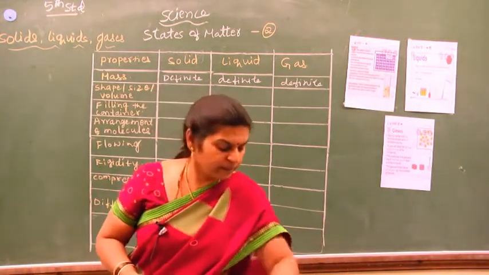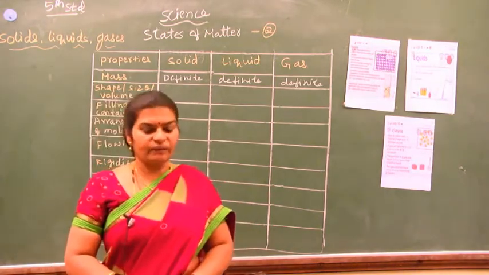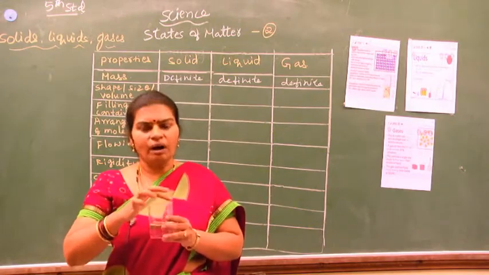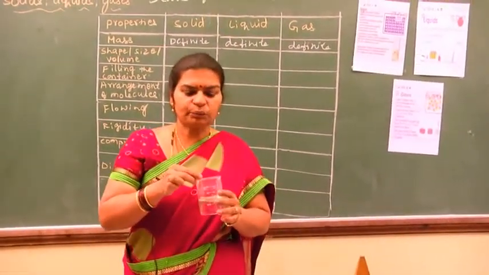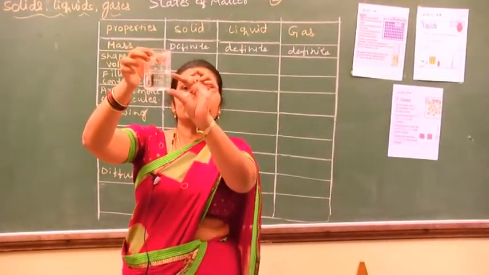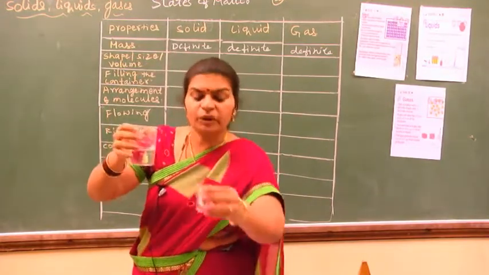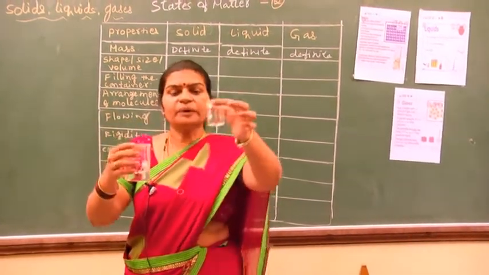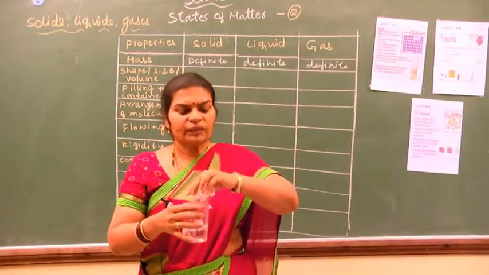And when we consider liquids, they take the volume of the container in which we put them. So when we see the water, it has only this much water, it occupies the place like this. But if I pour that here, then whatever volume it occupies will be different.